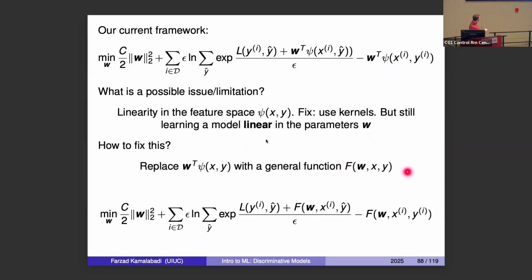Why not just write it as a general function, call that F of all three variables, the weights, the data, and the label. Make this more general, replacing this linear function with a more general function, and then everything else, if you replace it in the derivation of all of the models and the costs that we have, is essentially the same. So the natural question is, what sort of function?